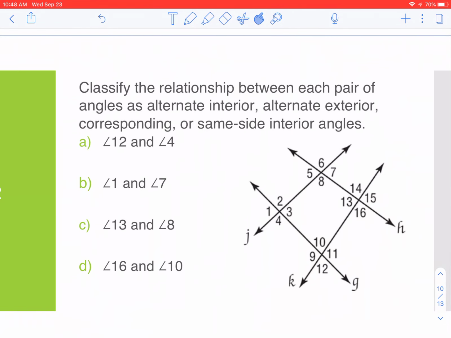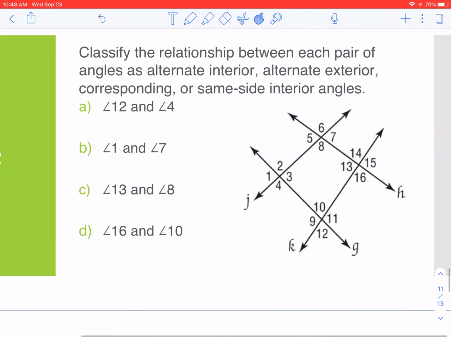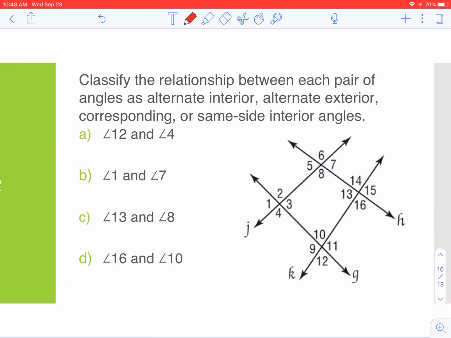All right, now we get to a challenging part. Just looking ahead here, I'm going to help you out with these, and then you're going to try the next one on your own. So I'm going to circle my angles, angle 12 and angle 4. They only have to do with the lines they are touching.